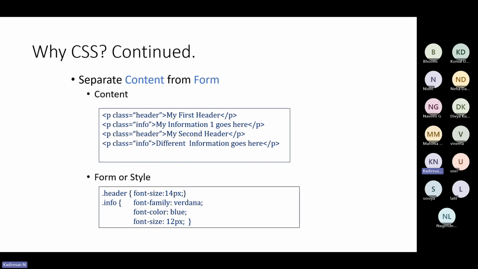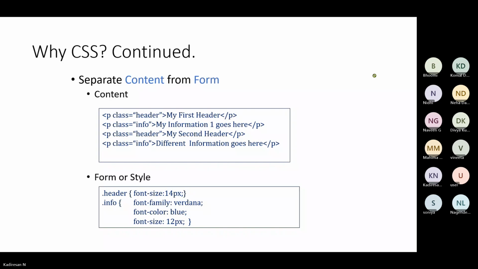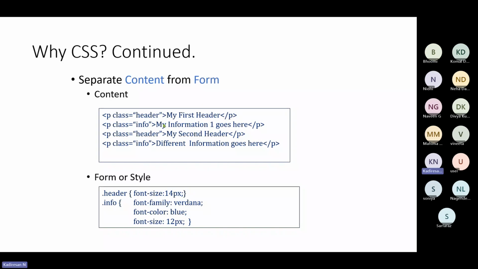In the first, I have made the content with respect to header, my first header, and the info, my information one goes here, and the second header, my second header, and information, different information goes here. So this is the content.